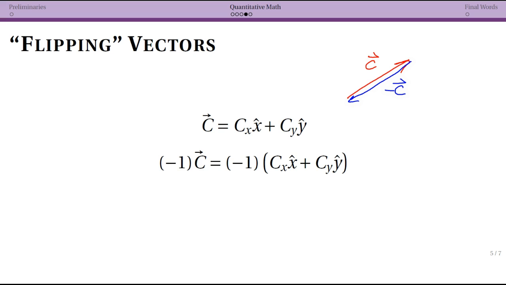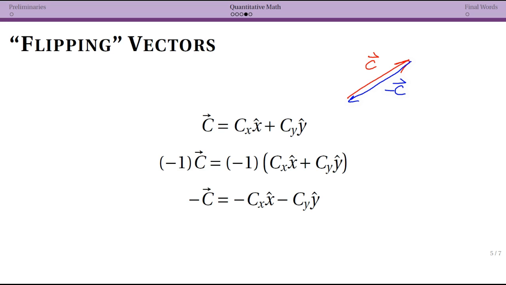That's what we had said subtraction was, taking our vector and flipping it, which is the same as the minus sign. So again, all we have to do is distribute this minus sign on each of the components. And so we see that now our flipped vector is going to have negative each of our components.